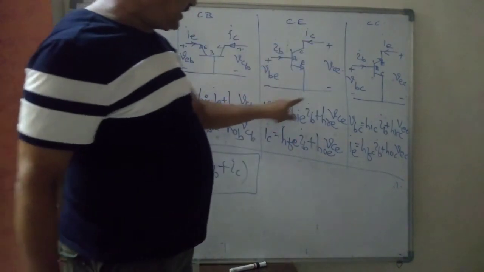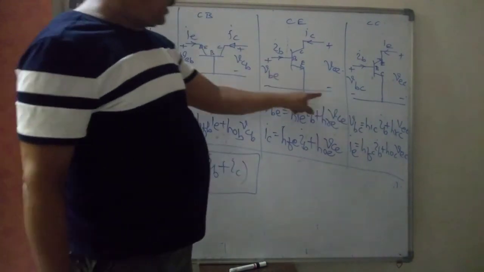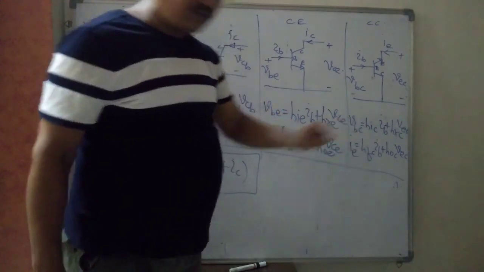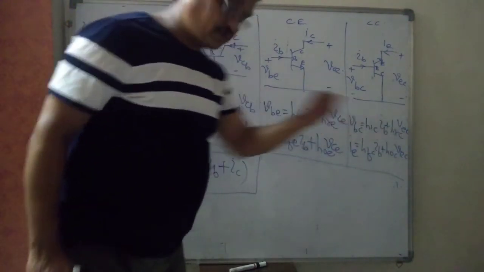What is the relation of hie with hic? What is the relation of hre with hrc? What is the relation of hfe with hfc? And what is the relation of hoe with hoc?